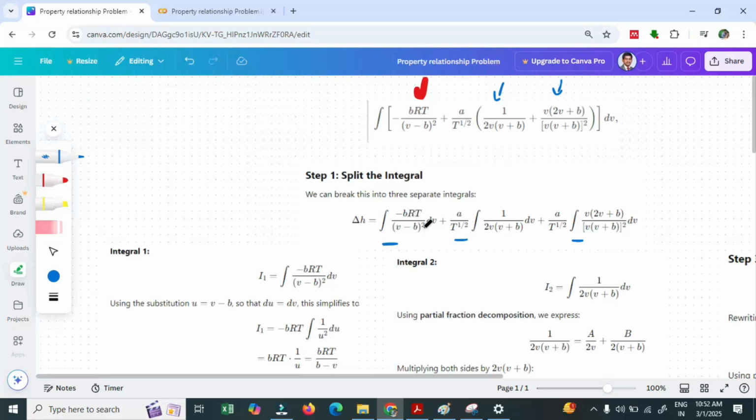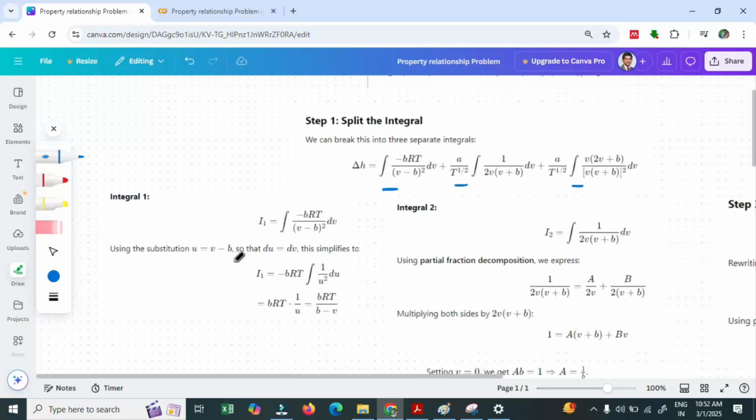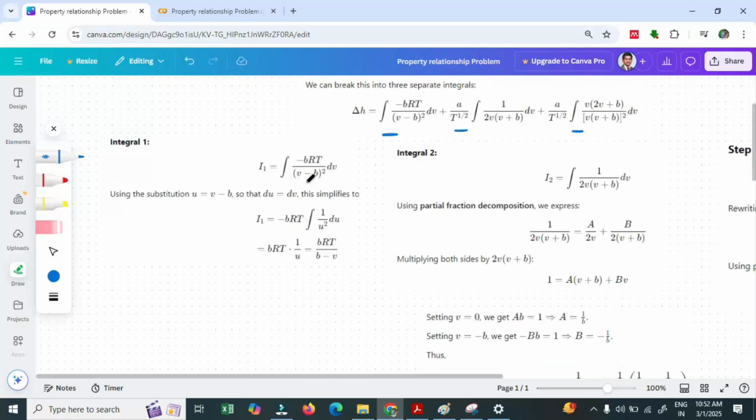Here I'll just work on the fundamentals. I will consider V minus B as u, so I have 1 by u square. Taking V minus B equal to u, du will be dV, so this dV will be replaced by du.